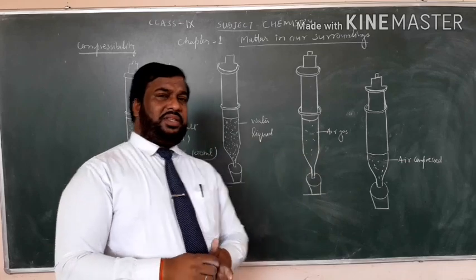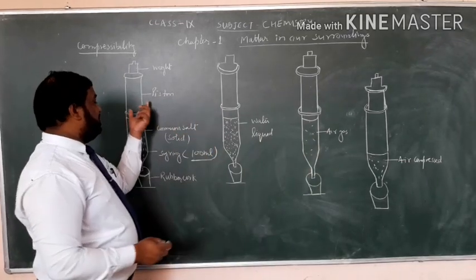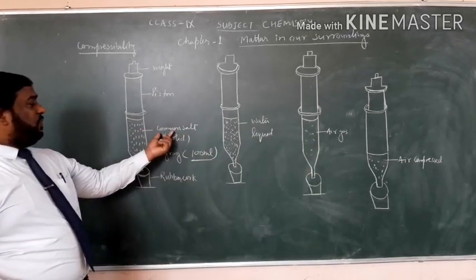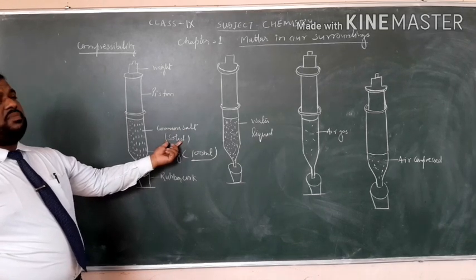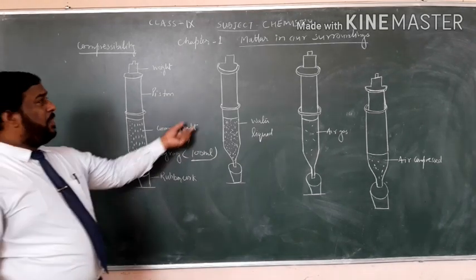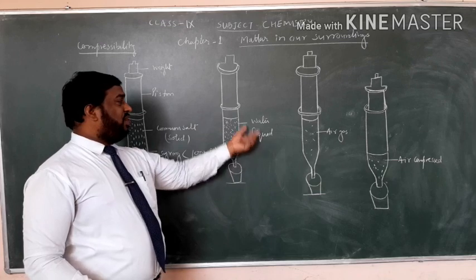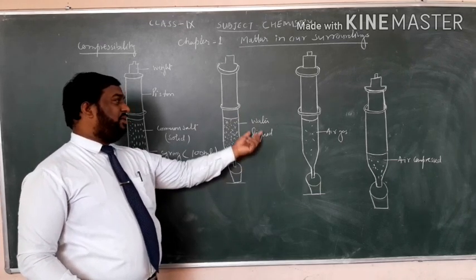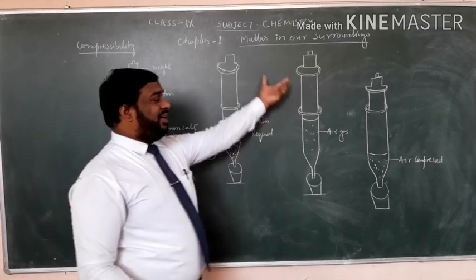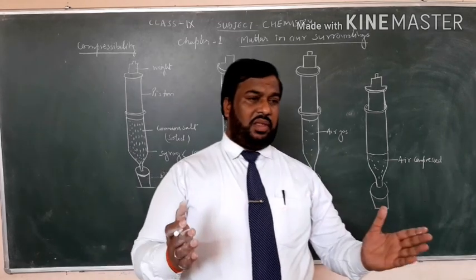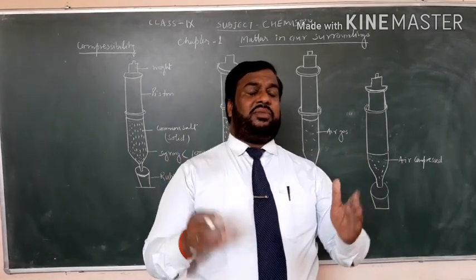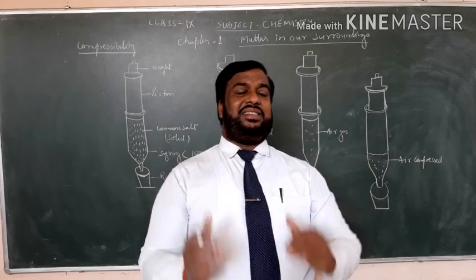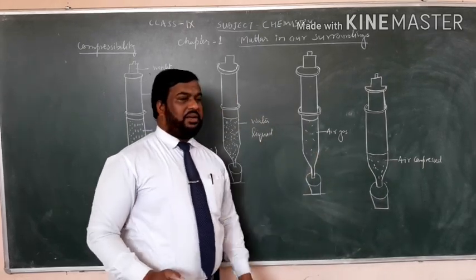After removing the piston, in the first syringe we fill common salt, which is a solid. In the second we fill liquid, water, and in the third syringe we do not fill anything because air is already present inside the syringe.